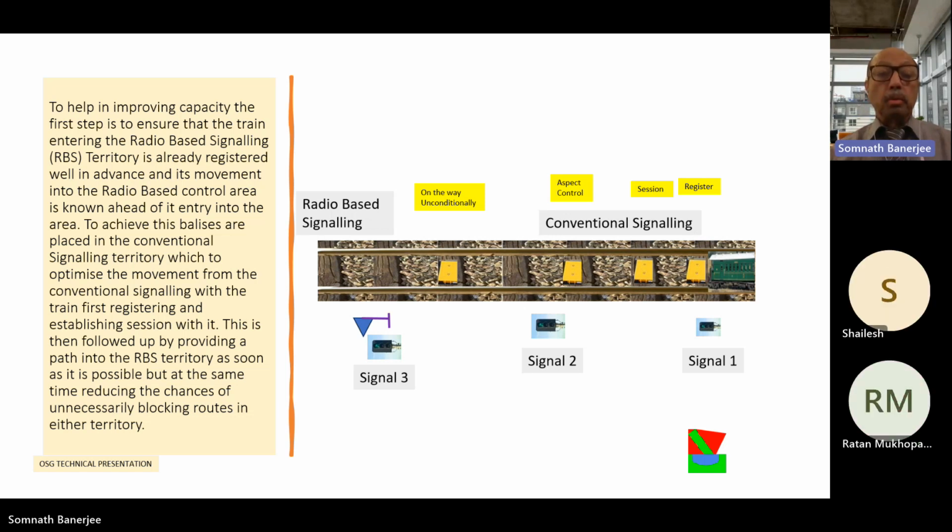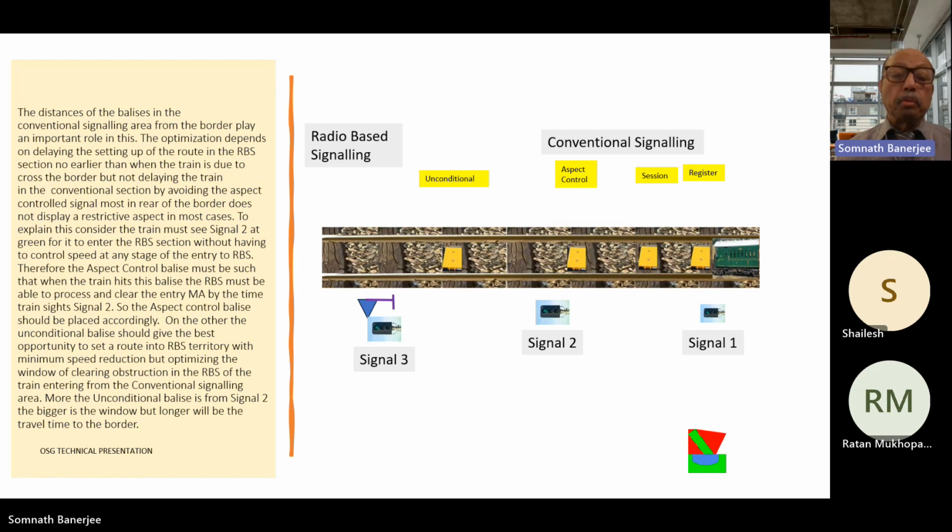So signal 2 will not show a proceed aspect or green aspect unless there is safety to do so, and in such a case it can happen that the route setting will be delayed till it comes to a position where an unconditional setting of the route into the radio based signaling territory will be undertaken.